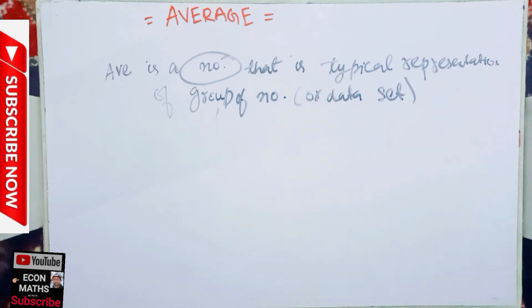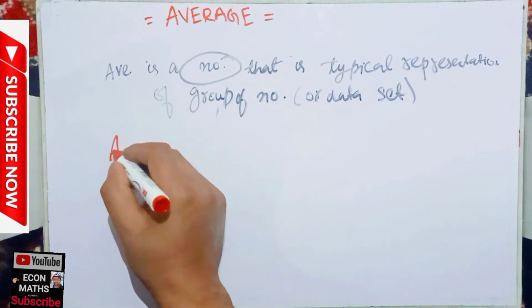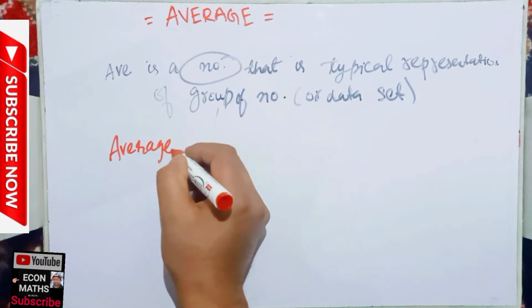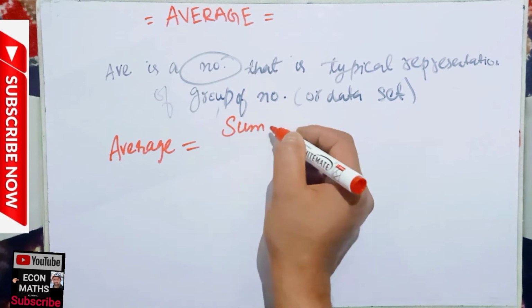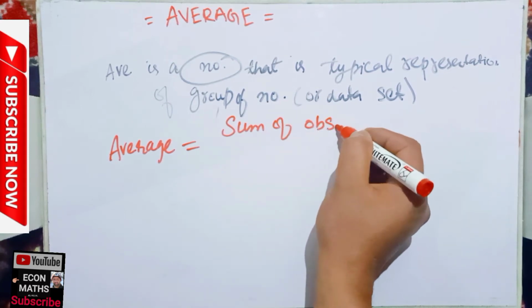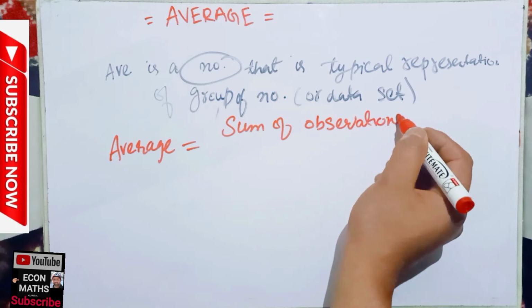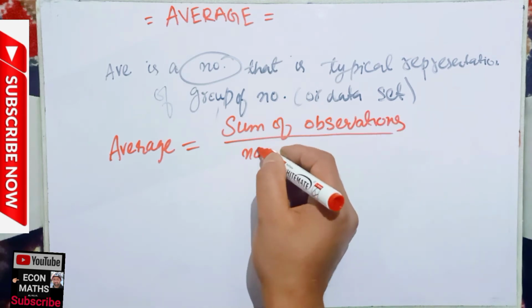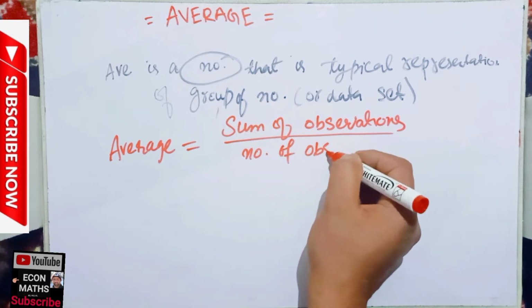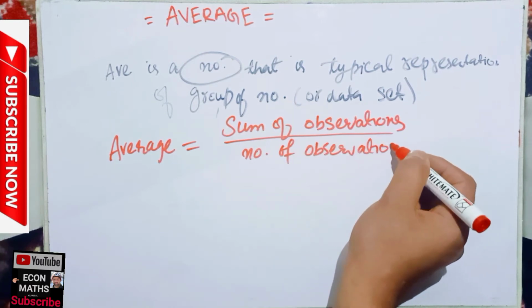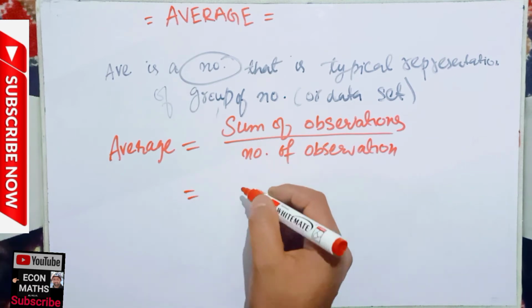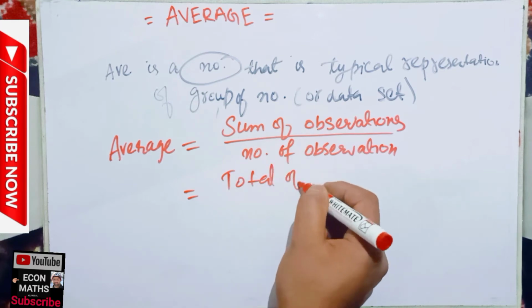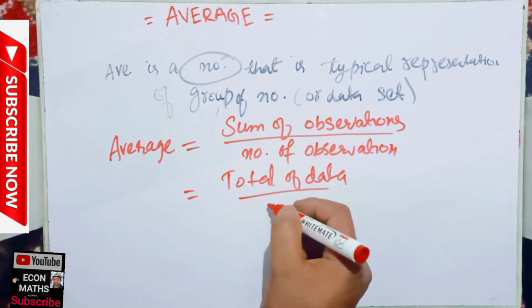The formula for calculating average is that average is equal to sum of the observations divided by number of observations, or we can write it as total of data divided by number of data.